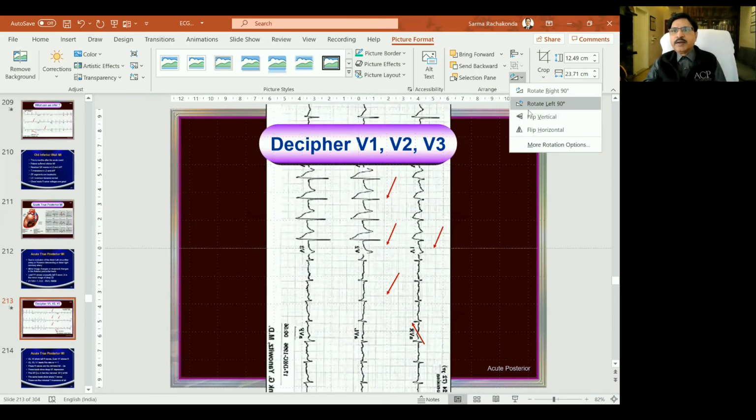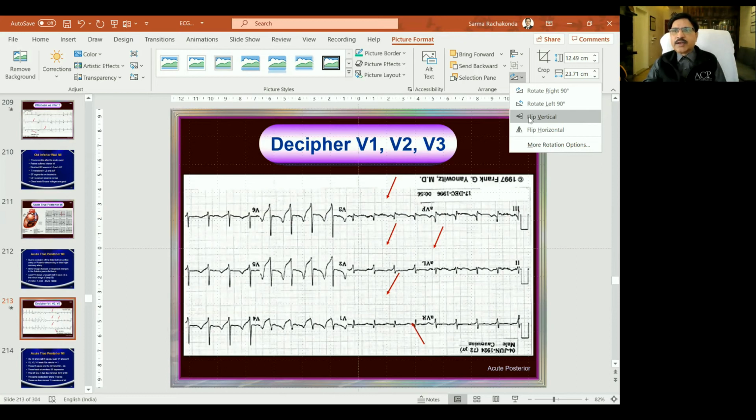If I read from this side, these are the typical T inversions, ST elevations and Q waves: Q, ST elevation and T inversion, again and again. These are the mirror changes of what you see.